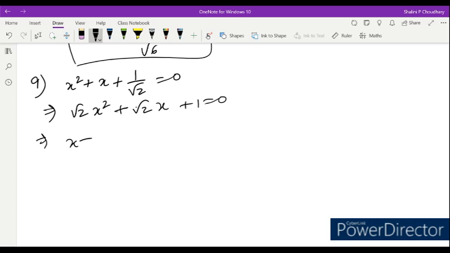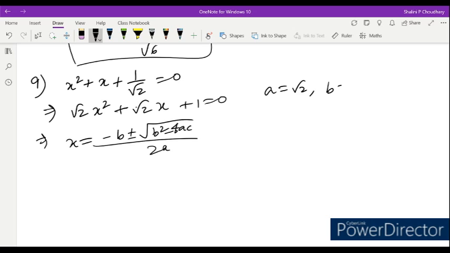So x के 2 roots क्या होंगे? Minus b plus minus square root of b square minus 4ac divided by 2a, where a is square root of 2, b is square root of 2 and c is equal to 1. Okay, so we'll put the value of a, b, c in this one.